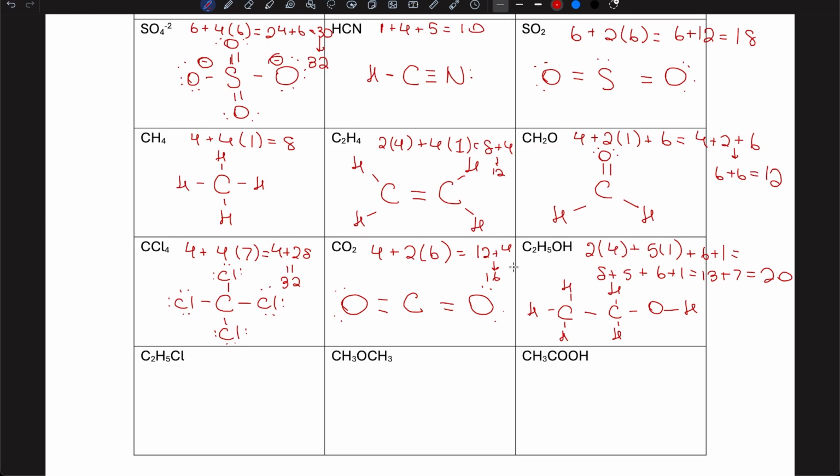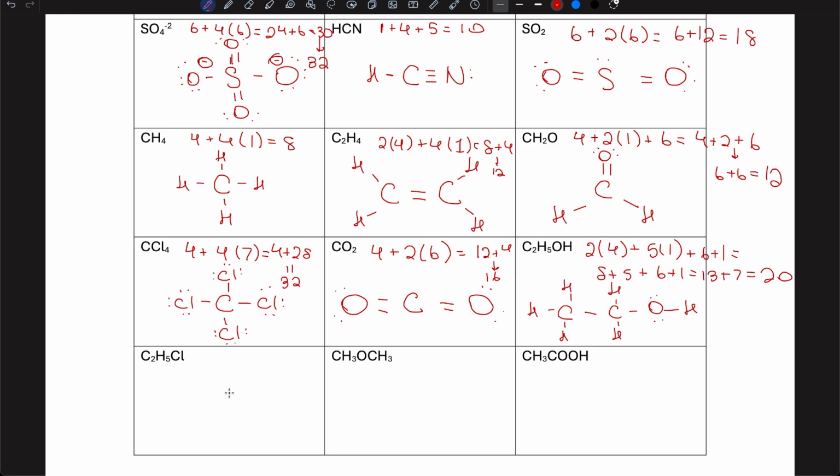And so you'll see this very often. Oxygen also tends to have two lone pairs around it, as well as 2 bonds. So if we count everything up, 1, 2, 3, 4, 5, 6, 7, 8, 9, 10, 11, 12, 13, 14, 15, 16, 17, 18, 19, 20, we have the correct number of valence electrons.